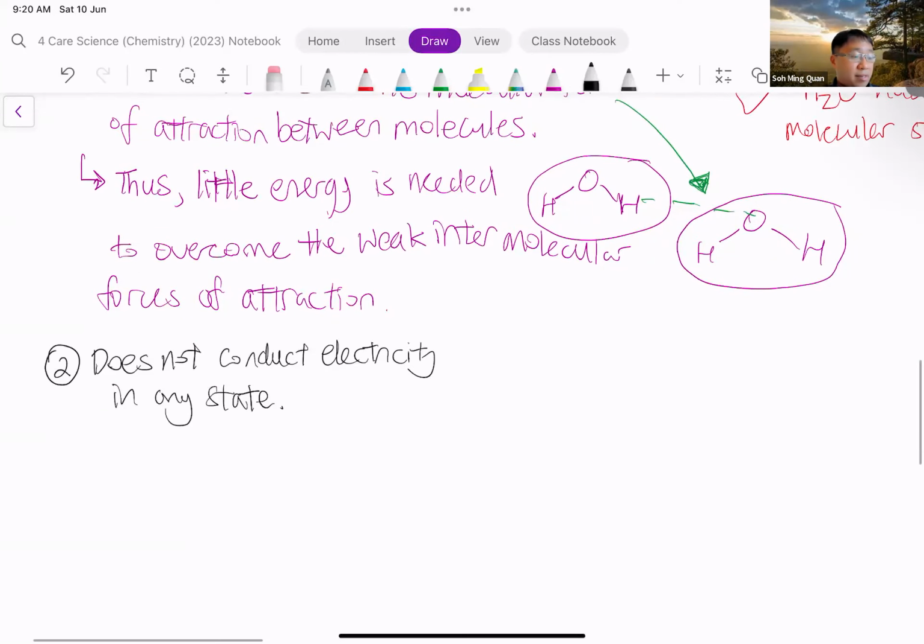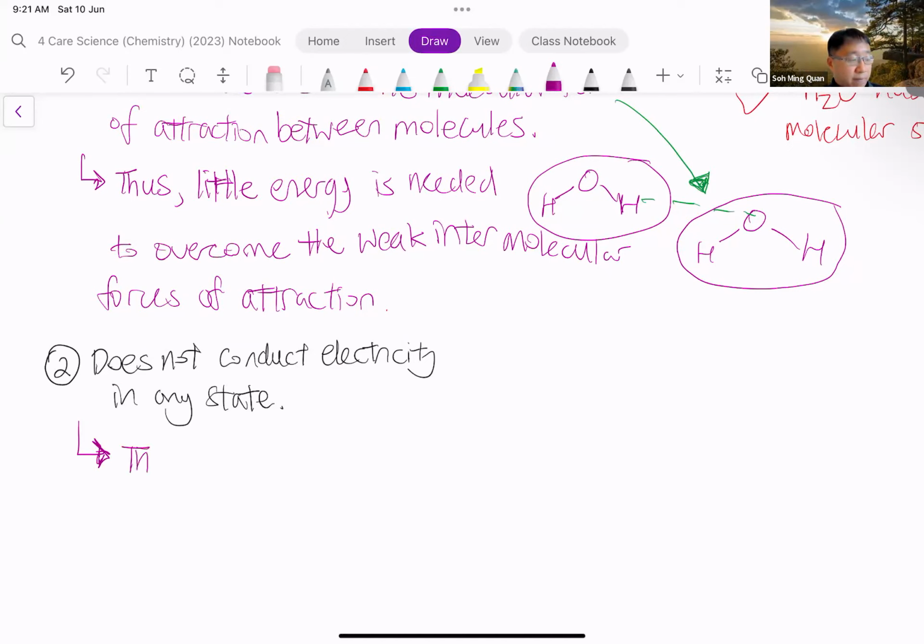Now, why is this the case? Remember, electricity relies on charged particles that are free to move. If you were to look at a simple molecular structure, there are no free moving charged particles.